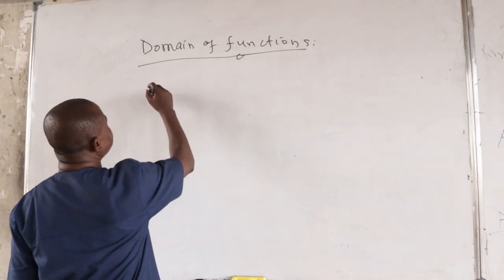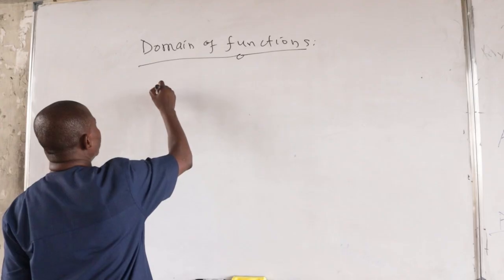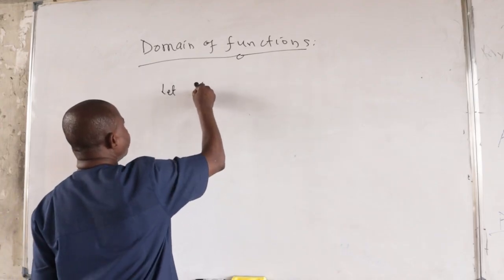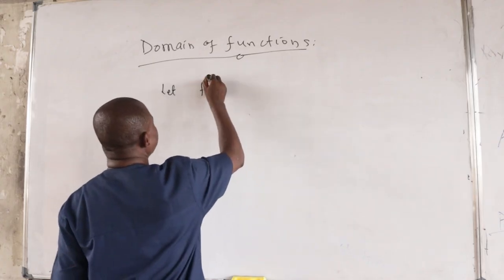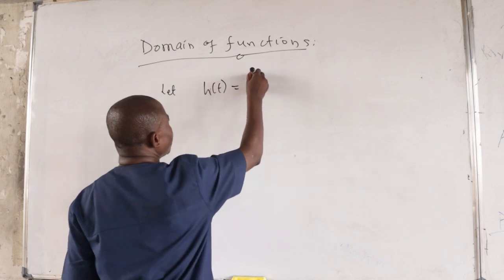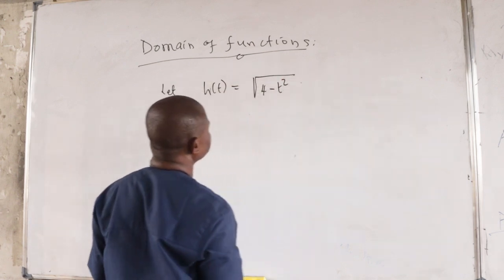So let's take these examples and add the ones we had. Let me simply write h of t to be the square root of 4 minus t squared.